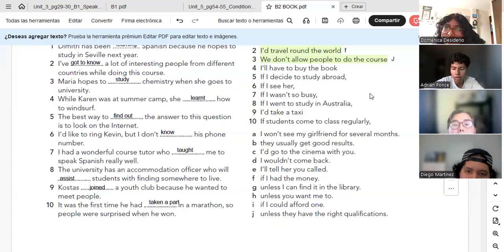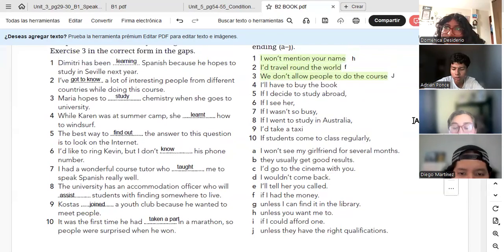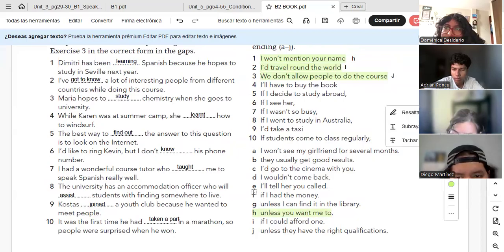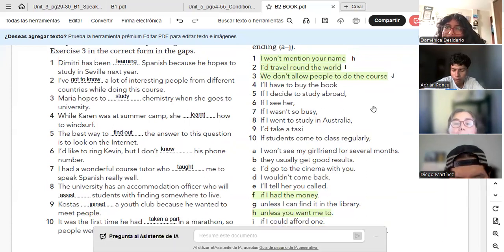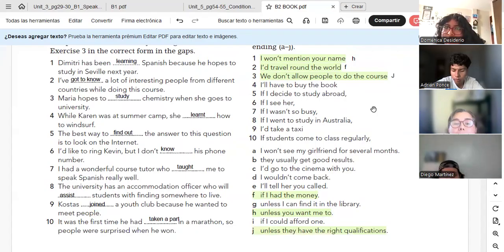So we already used H, F, and G. So, what do you think, Domenica? A conditional clause that uses present simple.